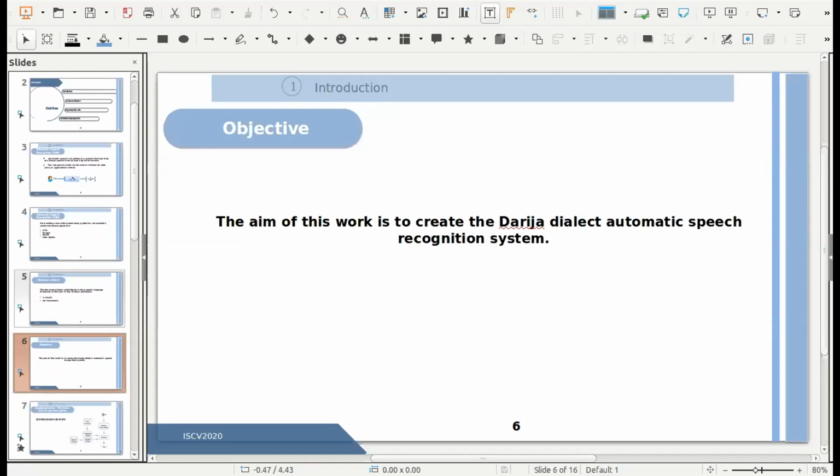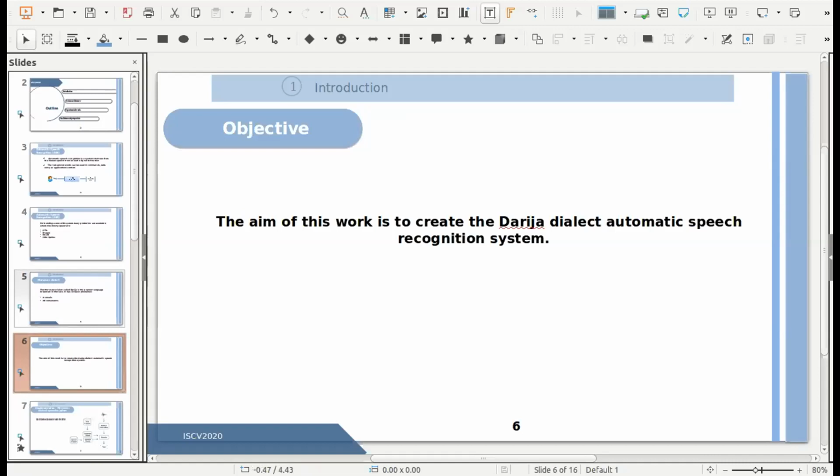The aim of this work is to create the Moroccan dialect automatic speech recognition and investigate the changes that must be made to the model to adapt to Moroccan dialect voice recognition.